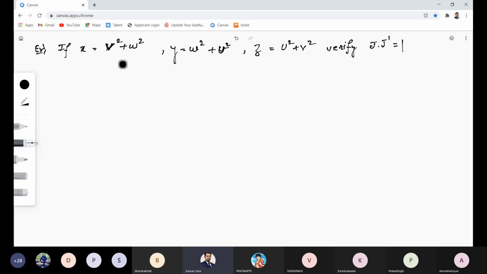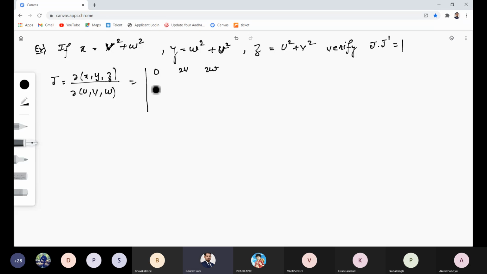So now we have three variables. First of all, let's go for J. J is Jacobian of XYZ with respect to U, V, W. So this is determinant of X with respect to U, 0, X with respect to V, X with respect to W, 2W.